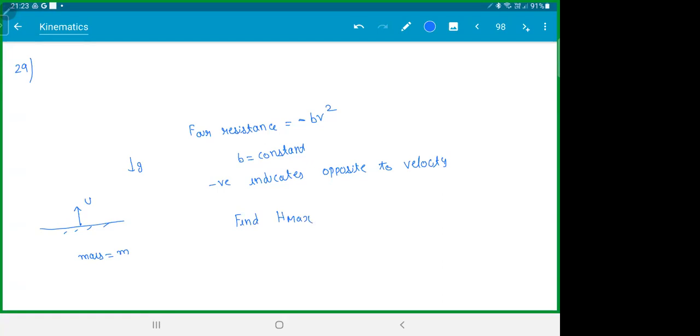So we are using calculus in kinematics 1D. The regular questions are fine. You can manage them, but these are more important ones. Get this. Find H max. 3 minutes.